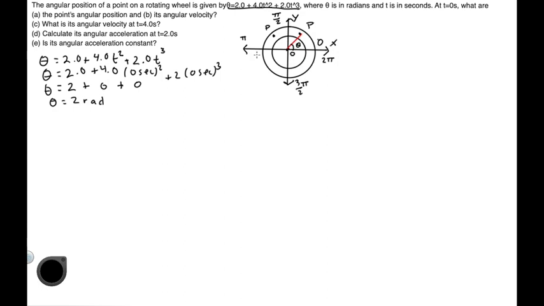So now we want to find its angular velocity at this instant, time equals 0. This is going to be its initial angular velocity, the velocity that the point starts out with. This is how fast the wheel starts to spin.